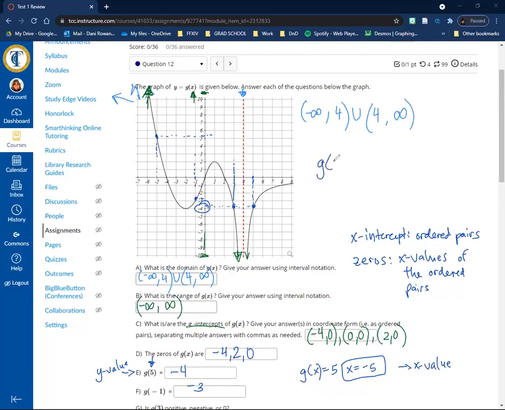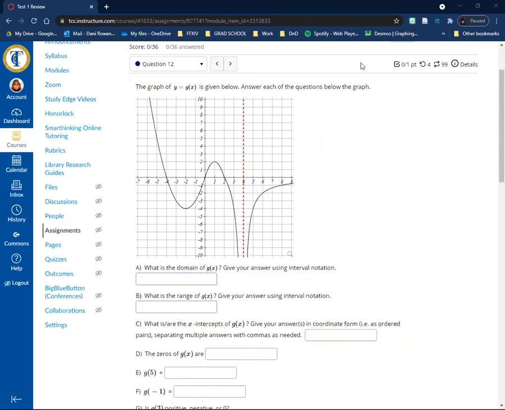You're saying this, right? g of 2? Yes. Okay, so if we go to 2, it's already right here. What is it? So would you just say 0? Yeah, remember that is one of our zeros, where when you plug in that x, you get a 0.